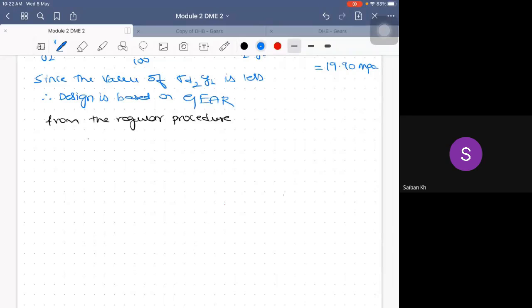So what is the module that you have decided upon after standardizing? 4, isn't it? Okay, that's great. And what is the sigma D2 value that you have got? It should be less than 137.34 megapascal.